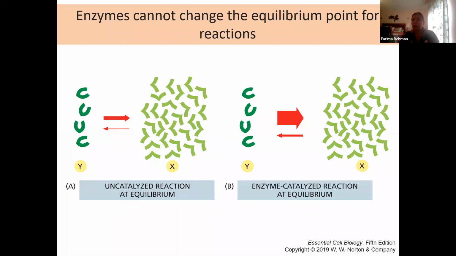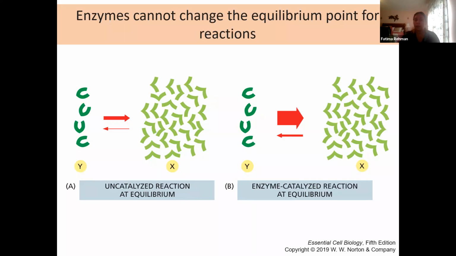So if you had a reaction that was most efficient under 37 degrees Celsius, or physiological temperature, if you move it to room temperature, you would expect that rate of reaction to go way down, right? Another thing is that enzymes, while they can help move the reaction rate forward, cannot change the equilibrium point of the reaction.